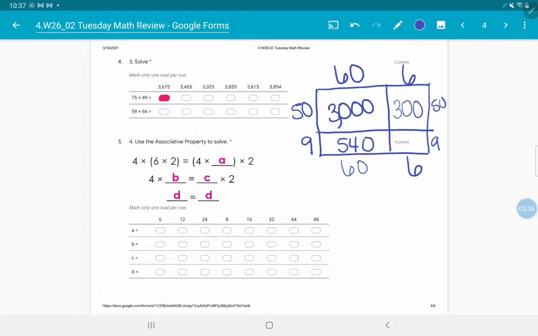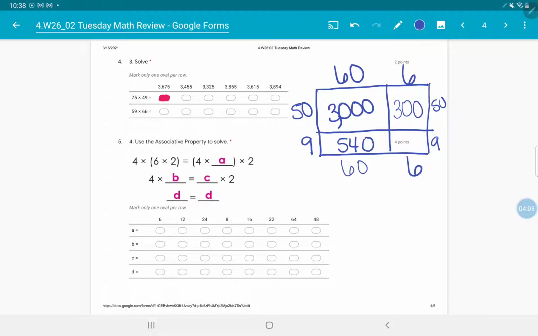And how about this last section right here, Harper? How am I going to find the area of that part? How about we start paying attention so that we know where we're at? What do we need to do here? 9 times 9 is 81.